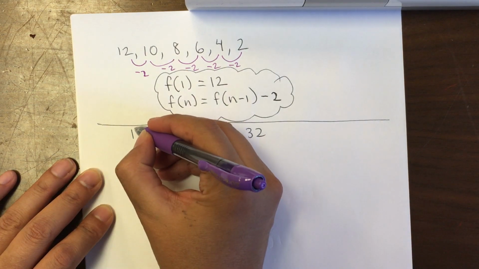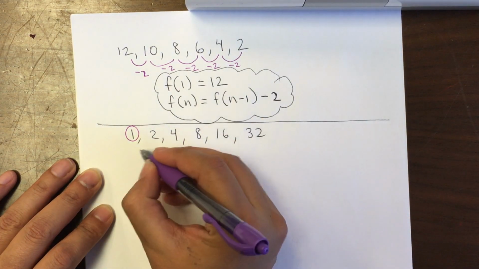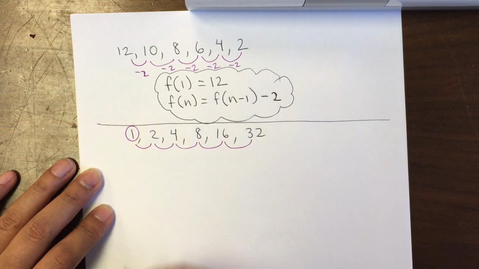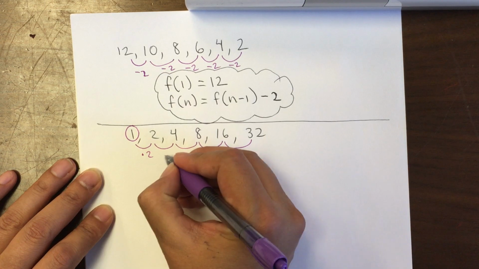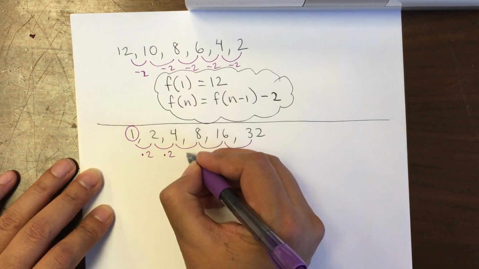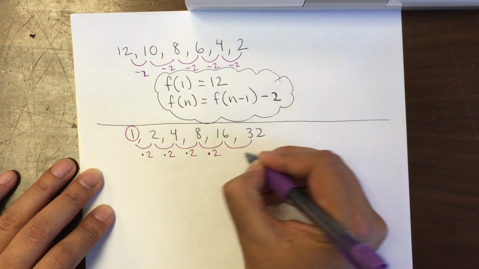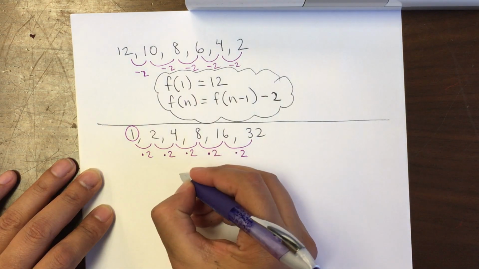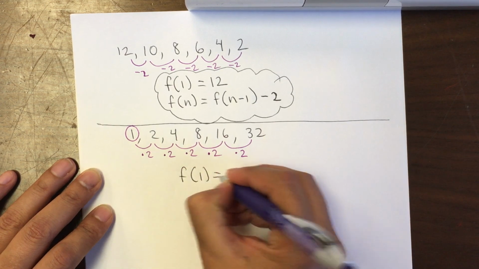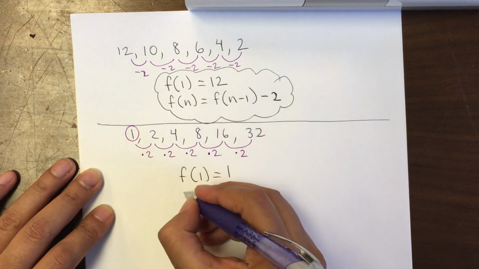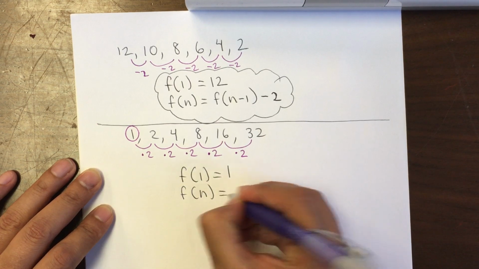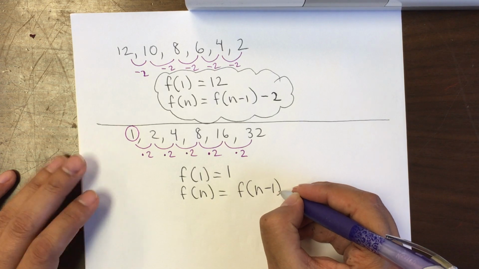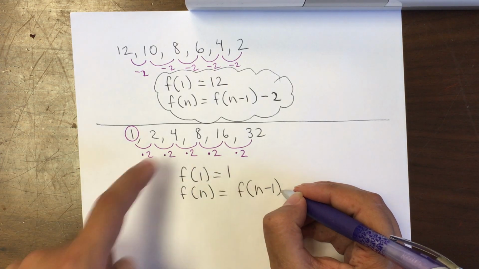Okay, again, remember that the first thing you need to know is the initial point, and also what is going on each time. So I'm multiplying by 2 each time. And so I always put f of 1 equals my initial point. I always put f of n equals f of n minus 1. And what am I doing to the previous one?